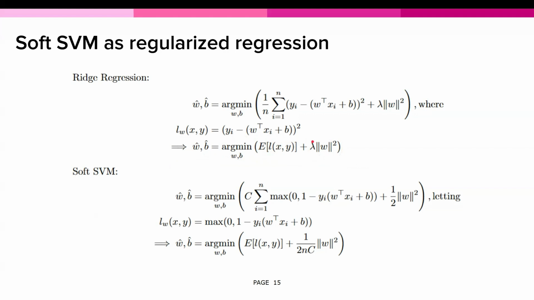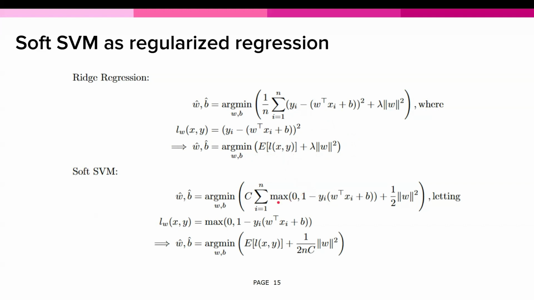This regularization term is lambda, the hyperparameter, times the norm of w. This discourages large coefficients, which helps prevent overfitting by trying to keep the model simpler. And so we can express ridge regression loss as the expectation of the loss, plus the regularization term, to show the balance between fitting the data and controlling model complexity.